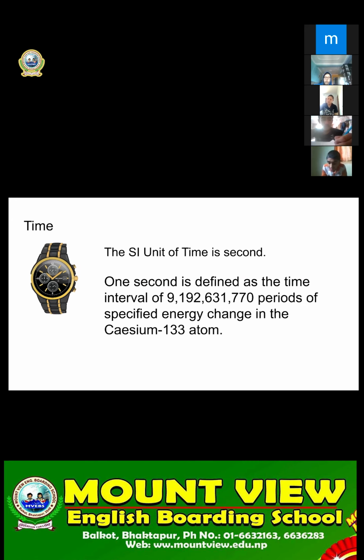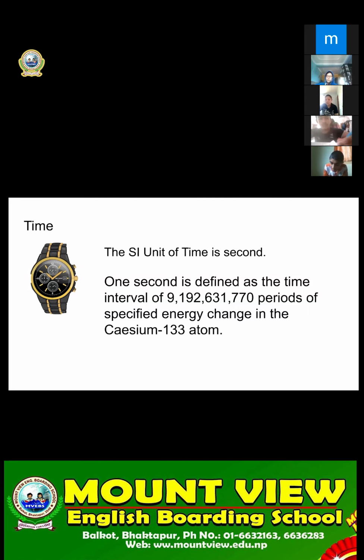The device is obviously called a watch or clock, and we can express the quantity time in different units, like hour, minute, day, year, week, even century and decade. But let me tell you that the SI unit of time is second.